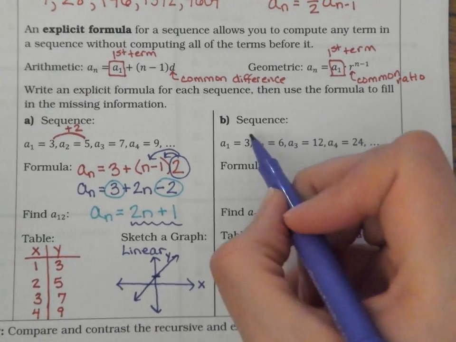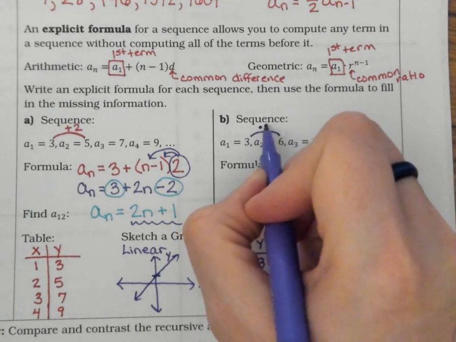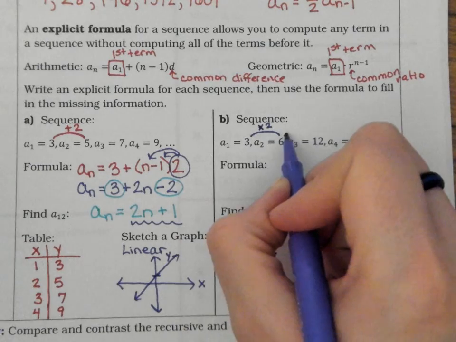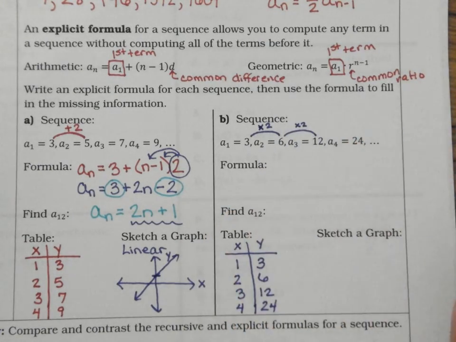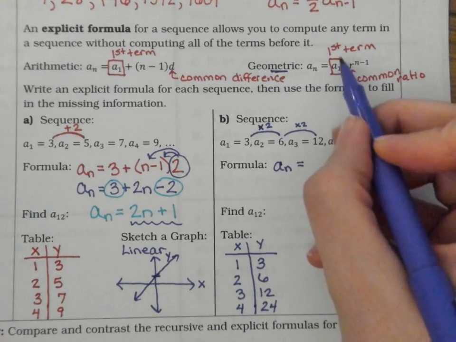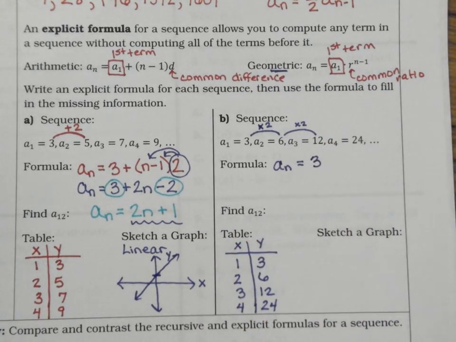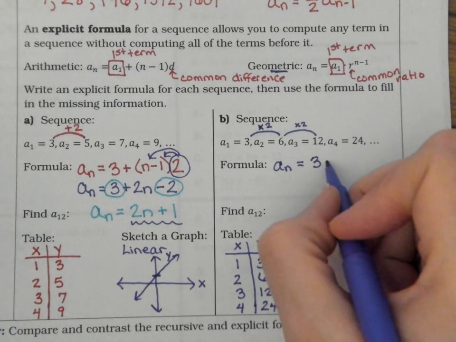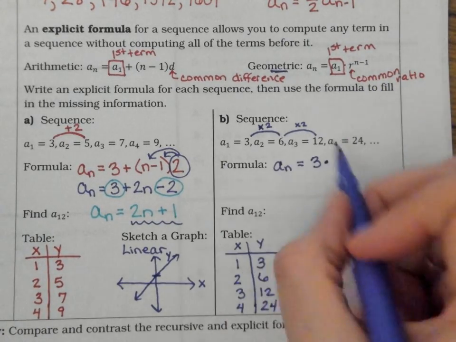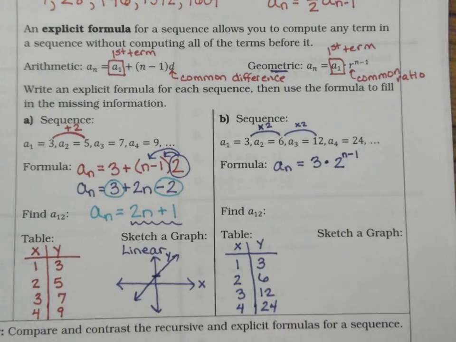And this time, if I go from 3 to 6, I am multiplying by 2, and from 6 to 12, times 2. So this is geometric, and we're going to use the formula up here. That says a sub n equals my first term, which is 3, times the common ratio, which is 2, to the n minus 1 power. And we're going to leave it like that.